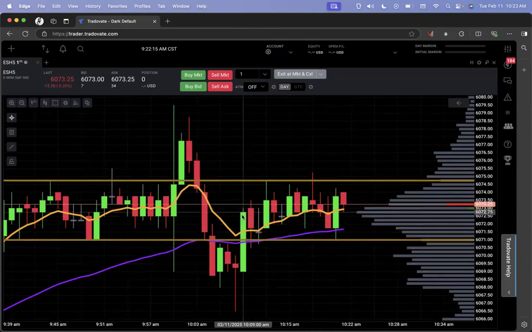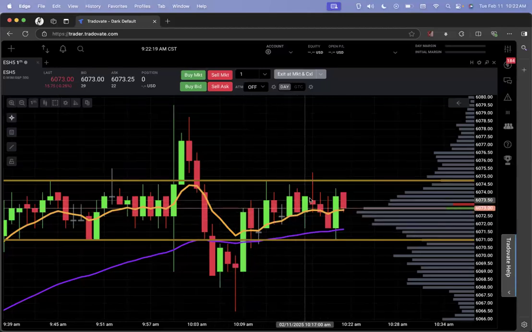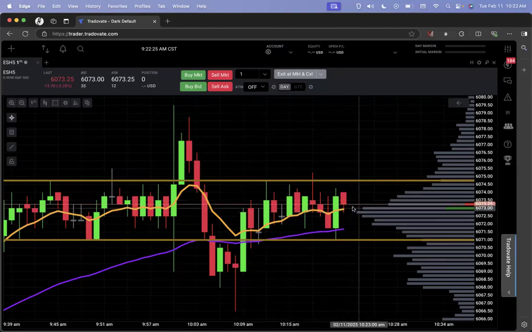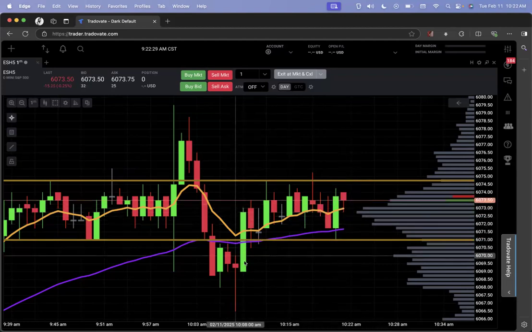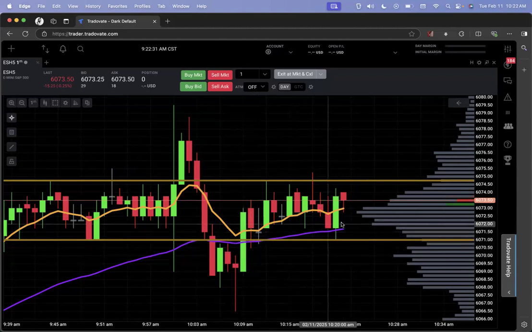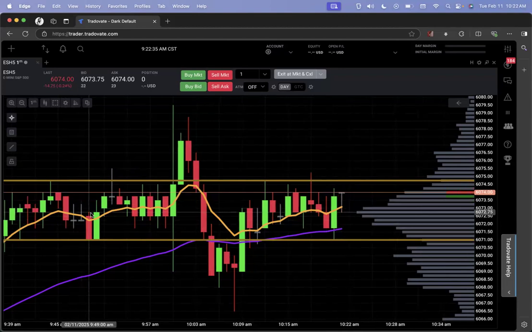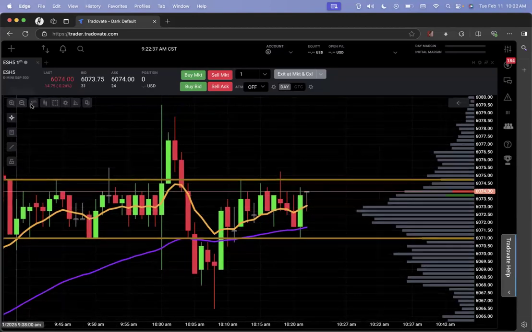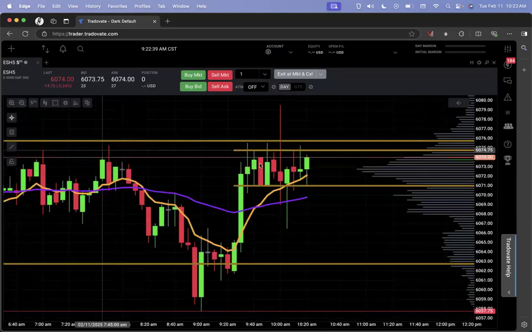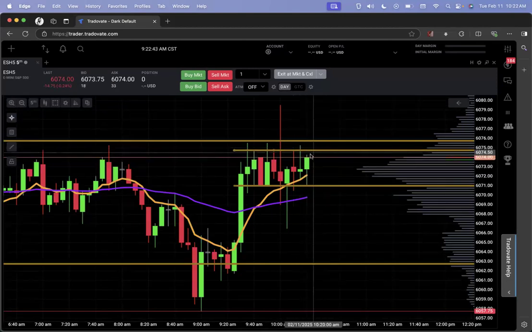Once we pop back into this zone, the first thing I said was, "Oh, we're gonna stay here for a while." I don't know if you guys remember me saying that, but as soon as we popped in, we're gonna stay in here for a while. It's not gonna look like we're gonna get back and dump to the downside, at least not initially. So there's a lot of trading going on within this zone right here. So I would say wait until we get a breakout before hopping on either side.